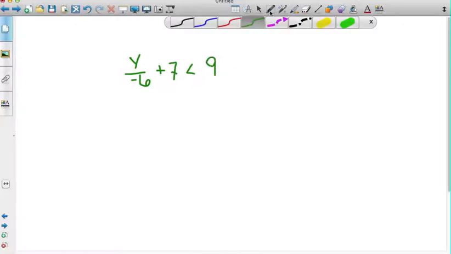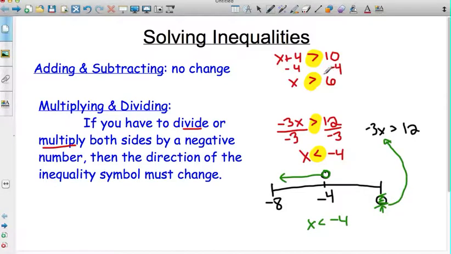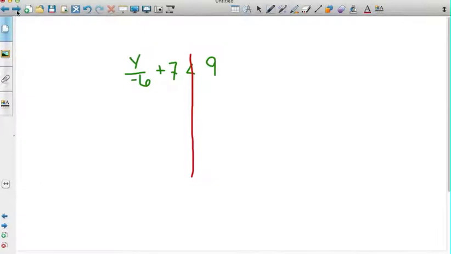Okay, I am going to draw my wall on this one just because I like to keep things simple. Now, unlike the ones we just did on the other side, these were just one step. On this one, we're going to be combining 2 steps and using both of our rules here.